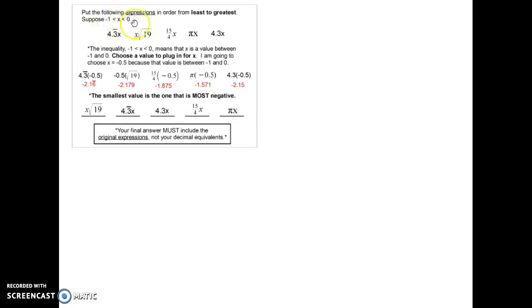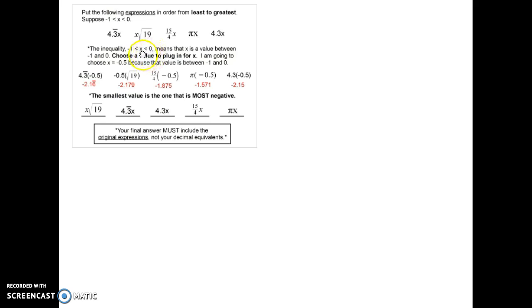So you need to make sure you're looking at what this inequality is so that you know which numbers will work. We are given 4.3 repeating times x. Then we have x times the square root of 19, 15/4 times x, pi times x, and then 4.3 times x. Again, our inequality is -1 is less than x, which is also less than 0.